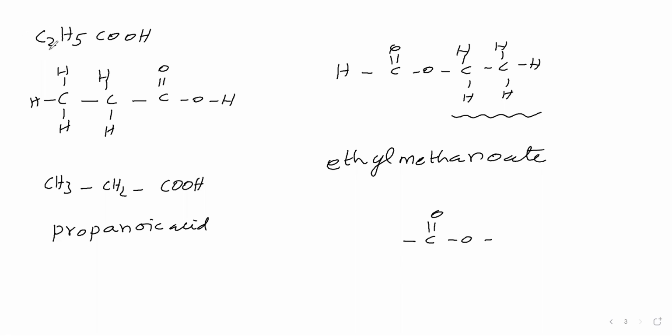Here 2 carbon atoms are there. Of those 2 carbon atoms, 1 carbon you give here, 1 carbon you give here. Then give hydrogens. For this carbon, 3 hydrogens. For this carbon, 3 hydrogens. This is also an ester. In this ester, the group bonded with the oxygen of the ester, you say the name first.